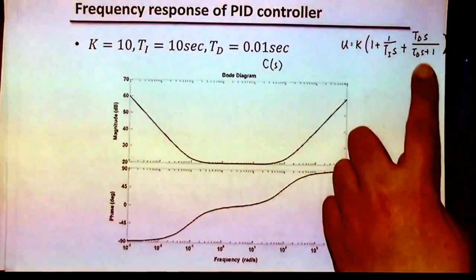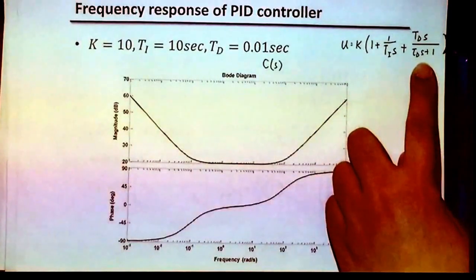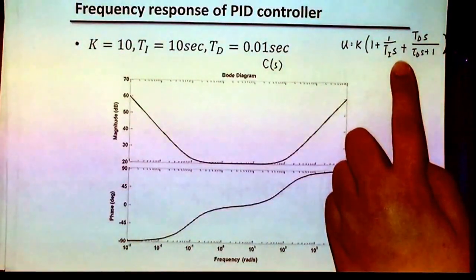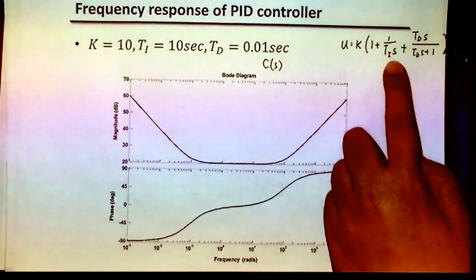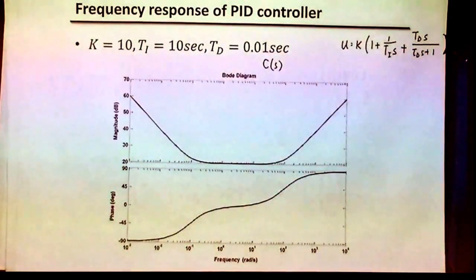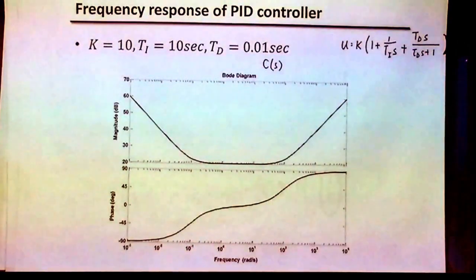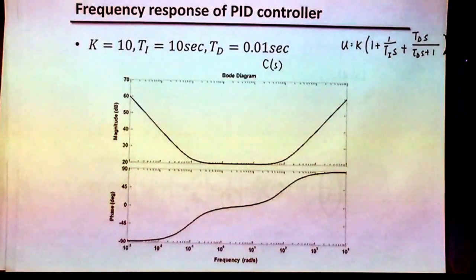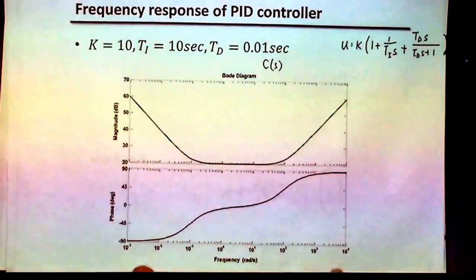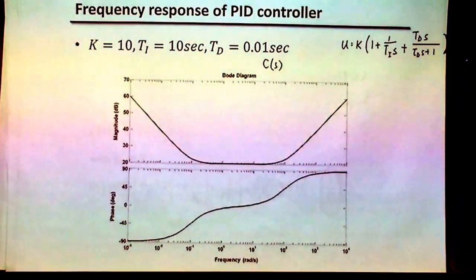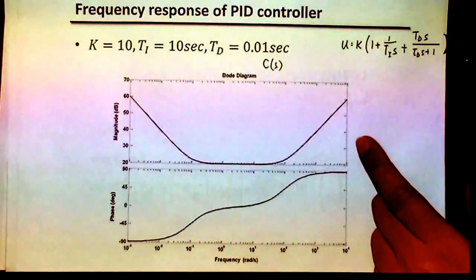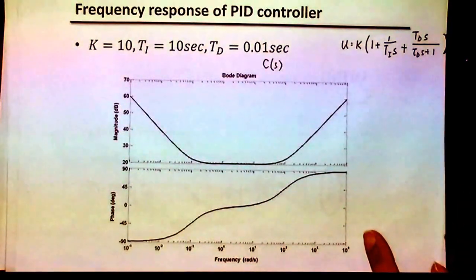Specify your range for frequency, put in values for K, TI, and TD, then plot the Bode diagram for C(s). The result tells you that for a range of frequencies, the magnitude of the PID controller is not constant, and the phase is also not constant.